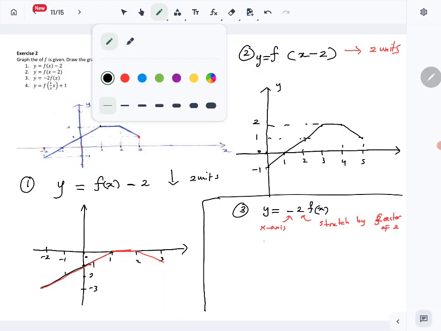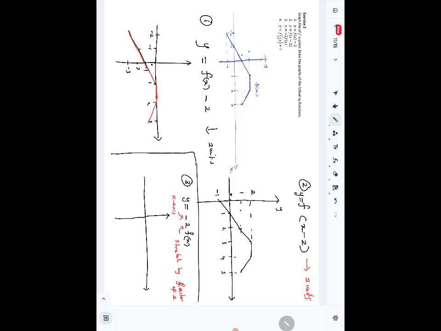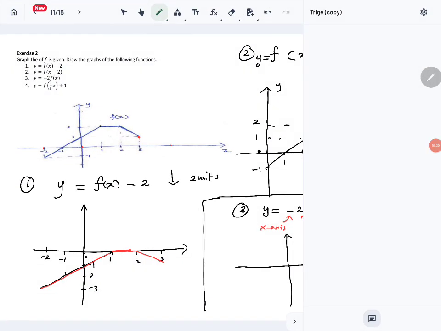So I will do this step by step. First I will do the x-axis reflection, then I will stretch it, right? So we have to reflect this now. Reflect this means you will get what? Let's see.